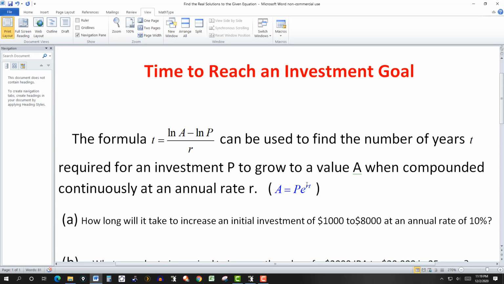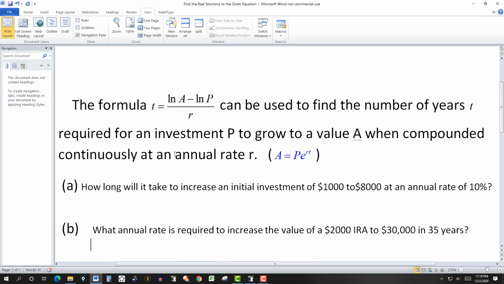Okay, so now, using this formula right here for part A, how long will it take to increase an initial investment of 1,000? So you're investing 1,000, you want it to grow to 8,000, and the rate is going to be 10%.